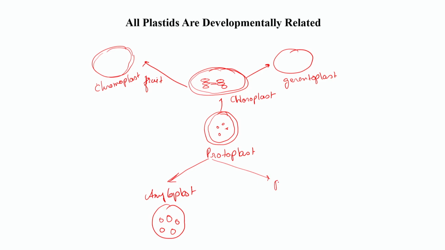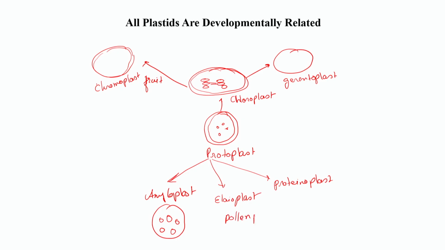Then you have proteinoplast, and then you have elaioplast, which you can find in pollen grains.